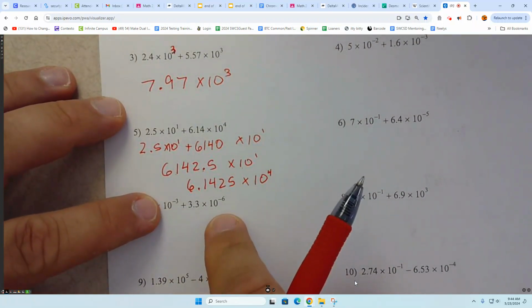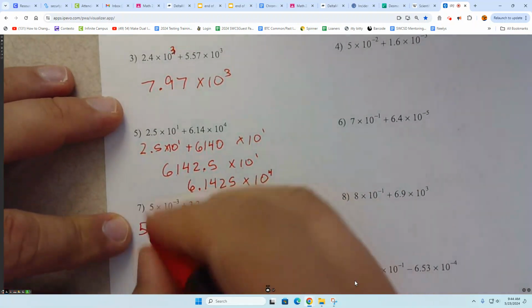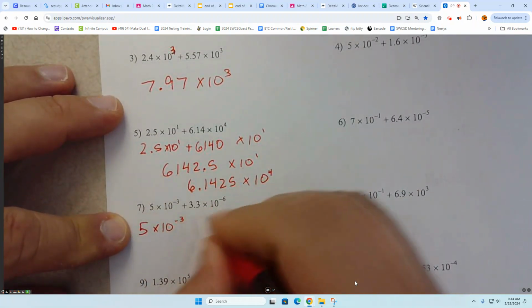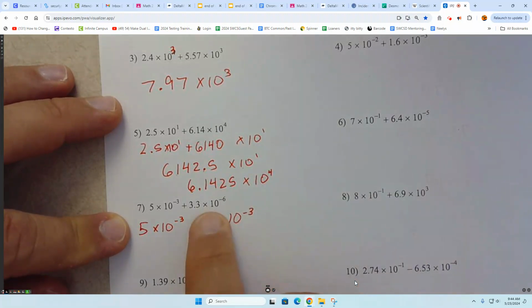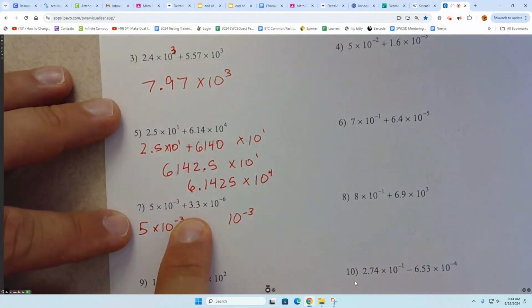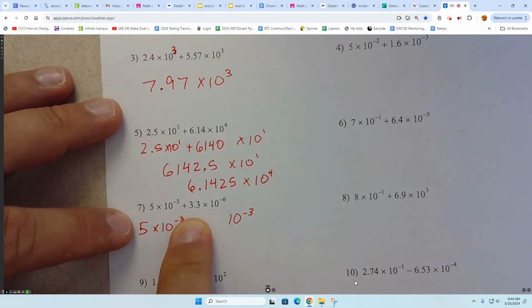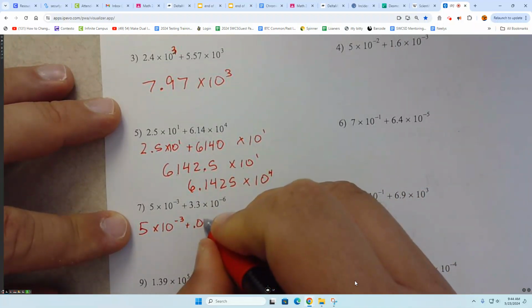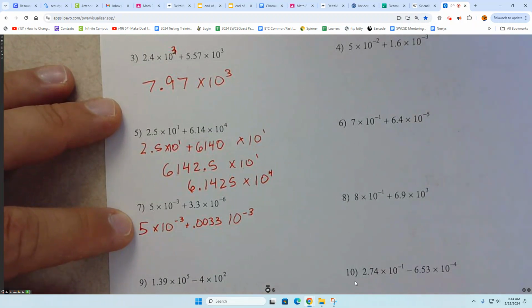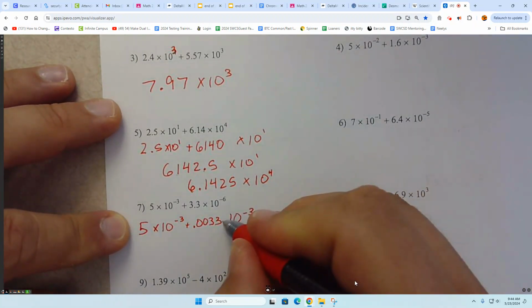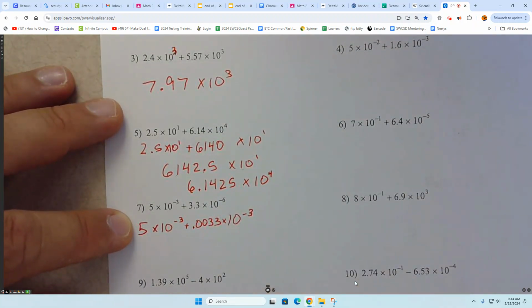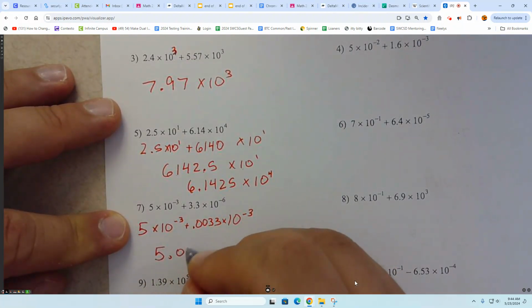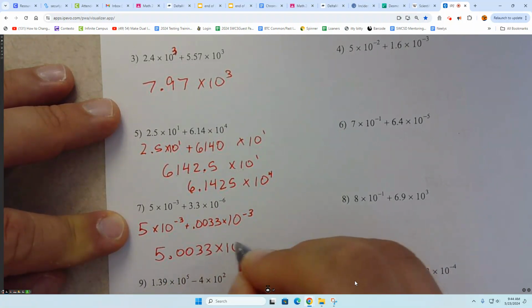Okay, so if we try to make them both 10 to the negative 3, I almost recommend just making it... That means this is giving it what? Negative 3. So 3 tens, negative... 0.0033. So then it's 5.0033 times 10 to the negative 3.